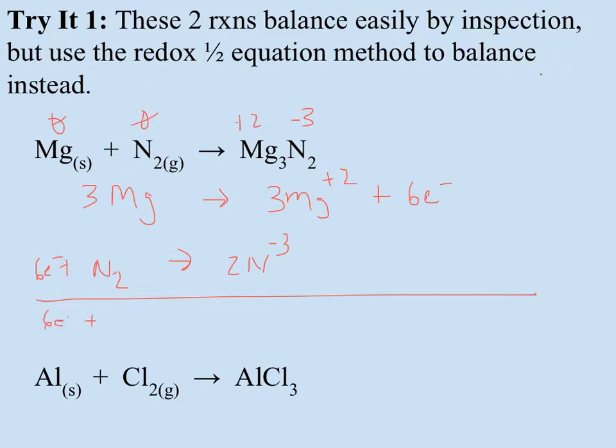I have 6 electrons, 3 Mg, N2, 3 Mg2+, 2N-3, and 6 electrons. I cancel out my 6 electrons, and indeed 3 Mg plus N2 would give me Mg3N2 if I go ahead and put my ionic compound back together.